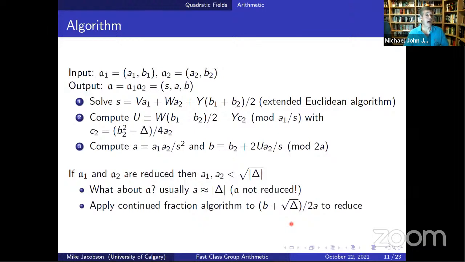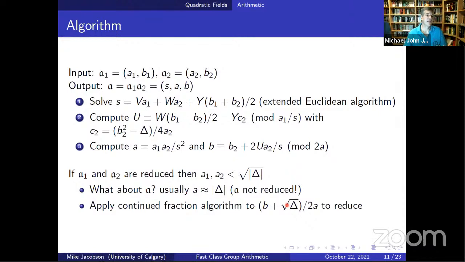Gauss's reduction algorithm can be viewed in a similar fashion. But that's basically what you do. You do the continued fraction algorithm on this quadratic irrationality, and it reduces B and A. Furthermore, the quadratic irrationalities that you get through that process also define equivalent ideals, and eventually you get one that's reduced. Okay.